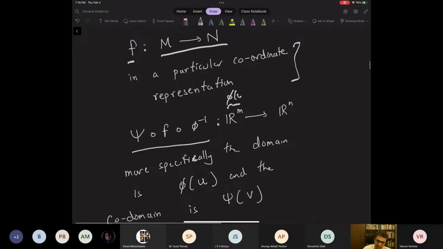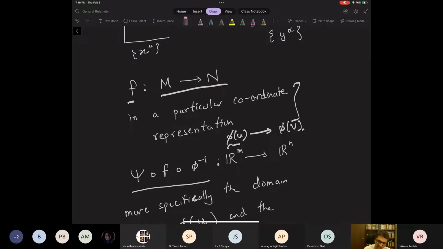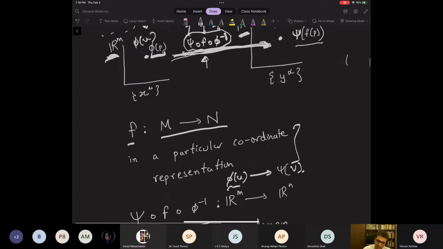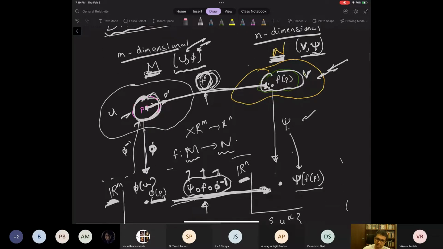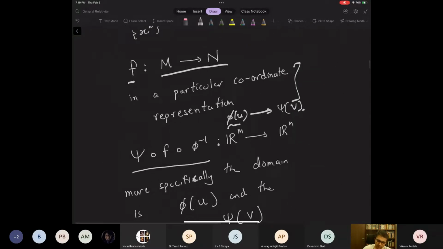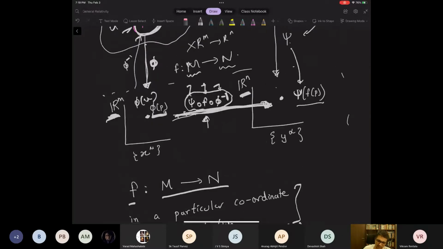So strictly speaking, the domain is phi of U, and the range is now psi of V, where psi are the coordinate functions on N. We define them with coordinate function psi. So now the map that takes us from this coordinate system to this coordinate system is psi circle F circle phi inverse.